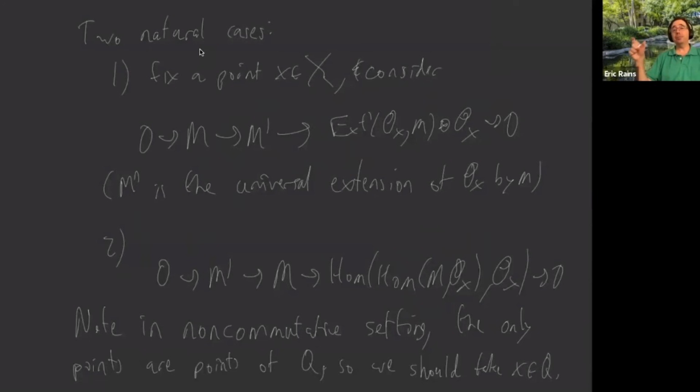So in particular, X has to be contained in the support of M, but X is in Q. So X has to be contained in the support of M intersect Q. In other words, X basically has to be a singular point. So this is an important fact here, that in general, the nice isomonodromy transformations are by singular points of your equation.